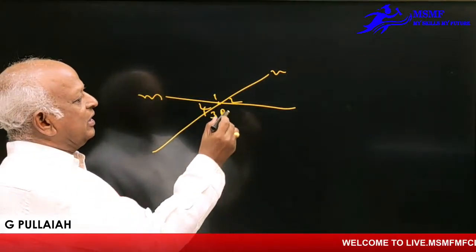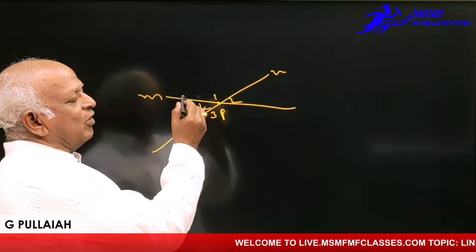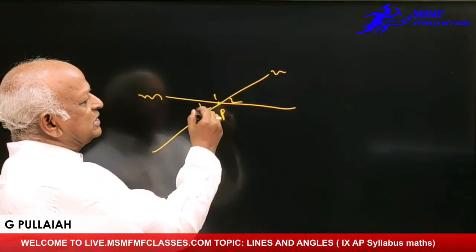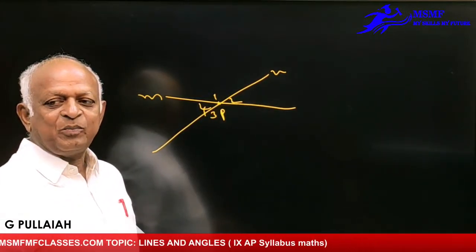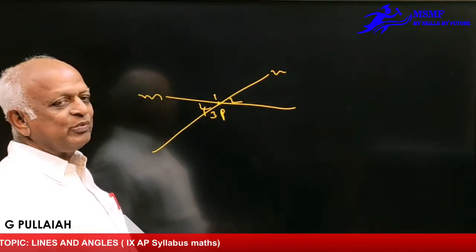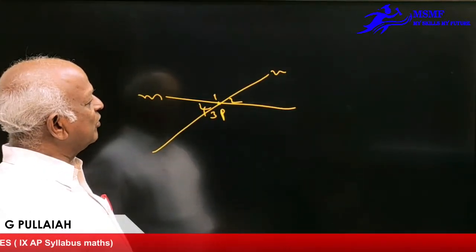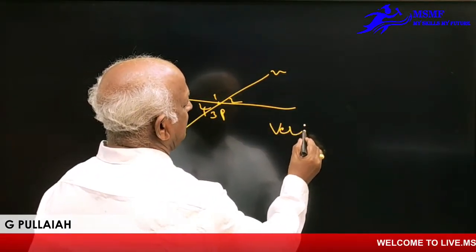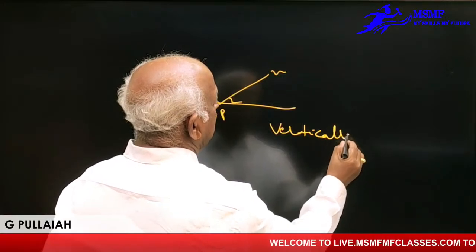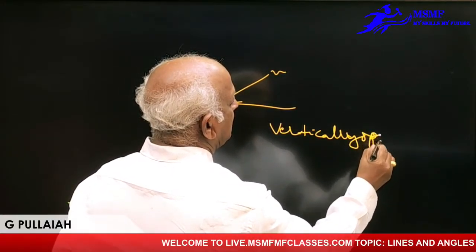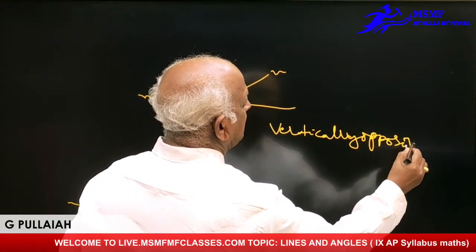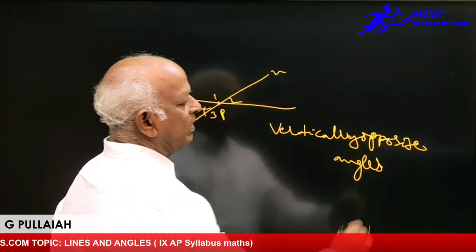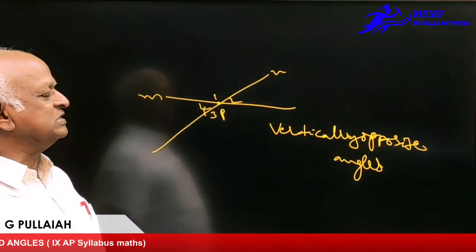If you take 2 and 4, they are on the opposite sides of the vertex. So we call these 2 and 4 vertically opposite angles.